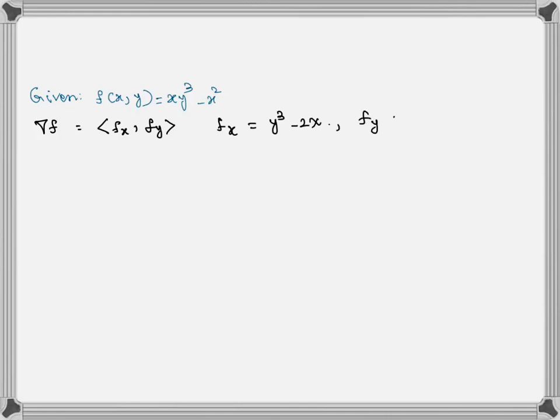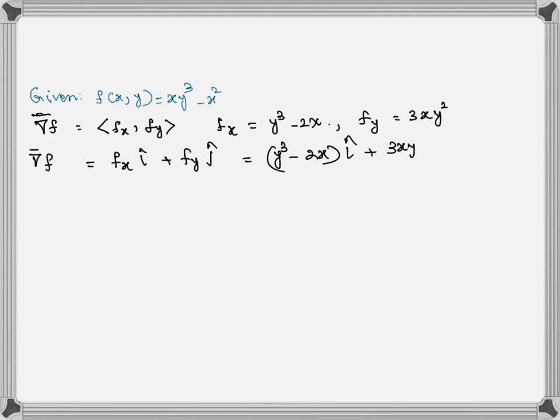So f y equals 3 x y squared, and the derivative of x squared is 0 because it's a constant. So the gradient vector del f is f sub x i plus f sub y j, which equals y cubed minus 2x times i plus 3 x y squared times j. That is the gradient vector.